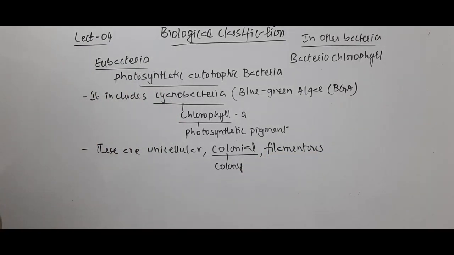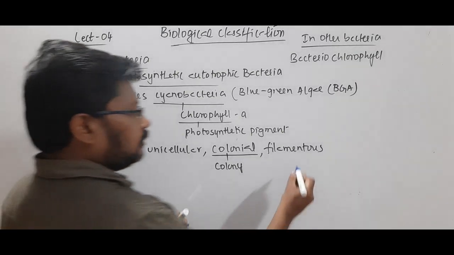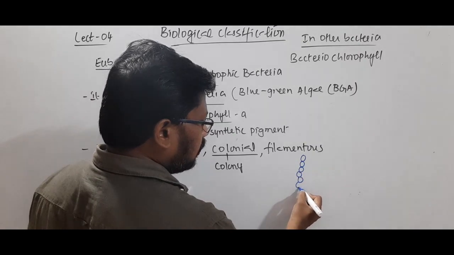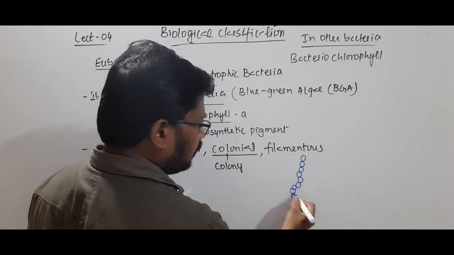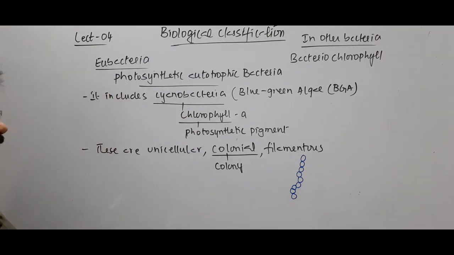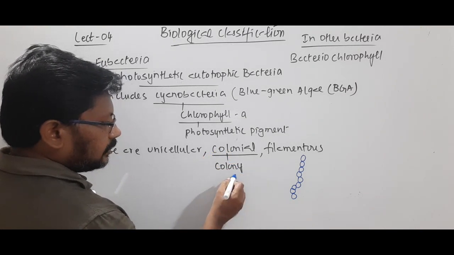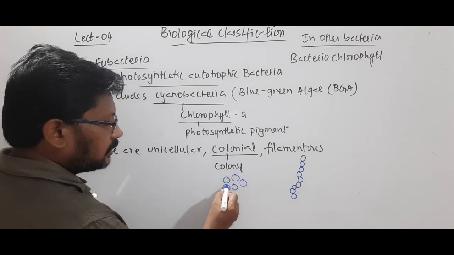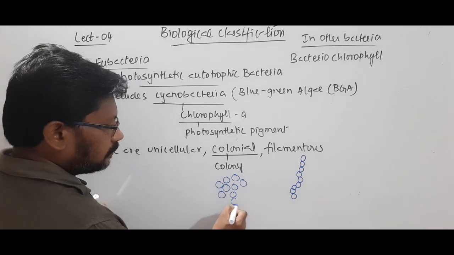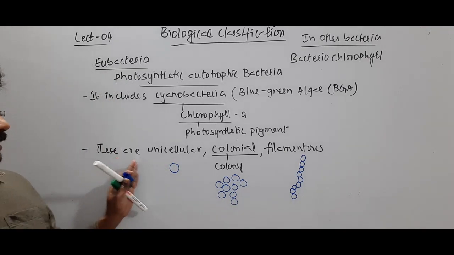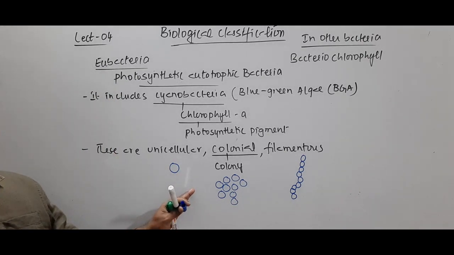Filamentous will be like a chain, where the cells are attached one to one and result in a chain-like form. In the colonial form, we see many living at one place. And unicellular means having only one cell. So these are either unicellular, colonial or filamentous forms.